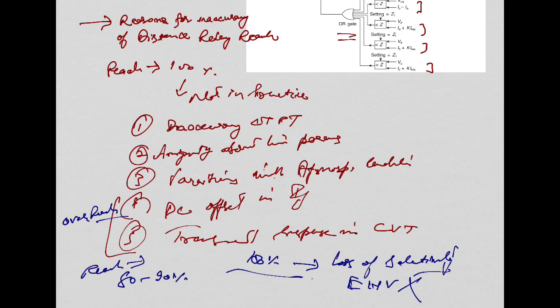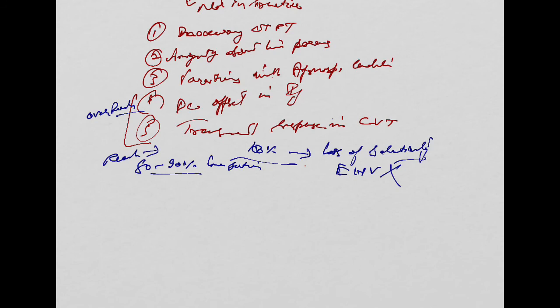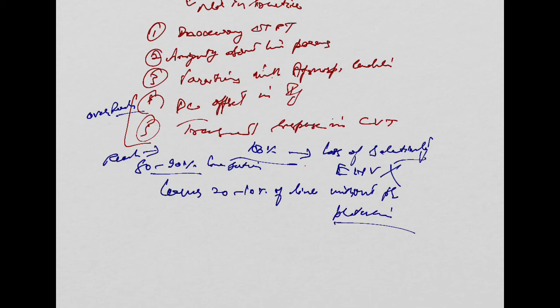This leaves 20 to 10% of the line without primary protection.